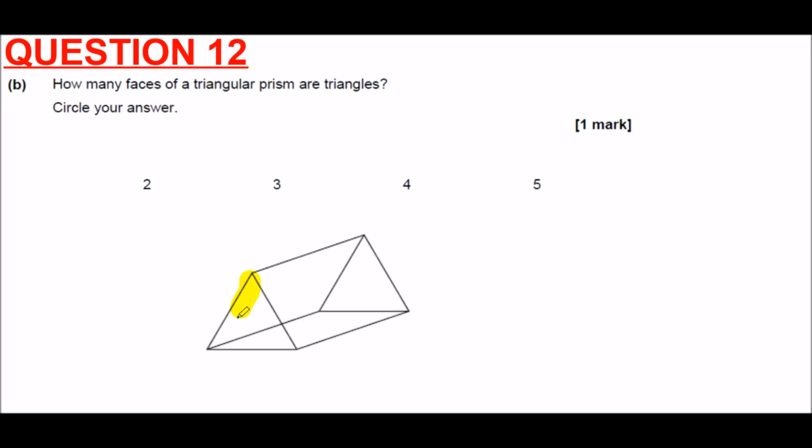And those faces have a front face and a face at the back. So these 2 faces, the front and the back, are triangular. All the other faces for a triangular prism are actually going to be rectangular. And so just 2 faces that are triangular in a triangular prism.